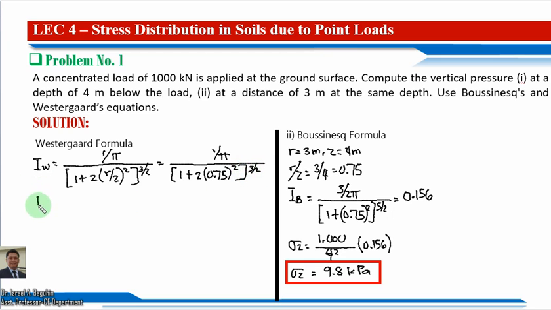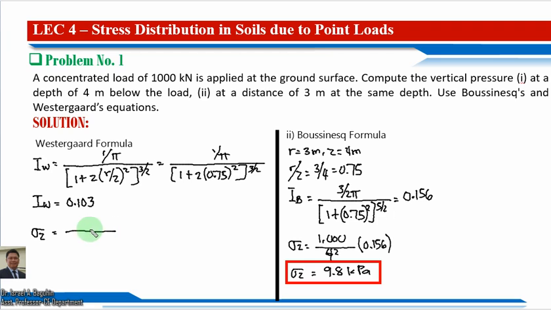So here we can get the value of our I subscript W, which is equal now to 0.103.